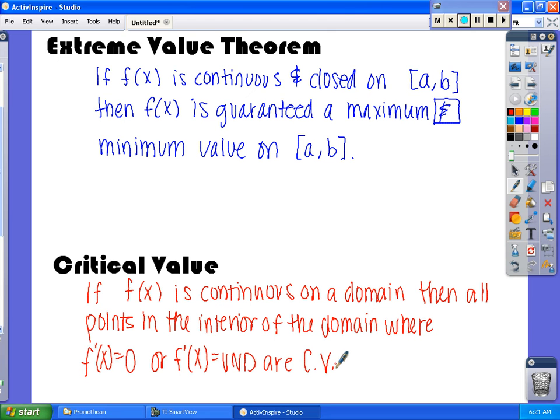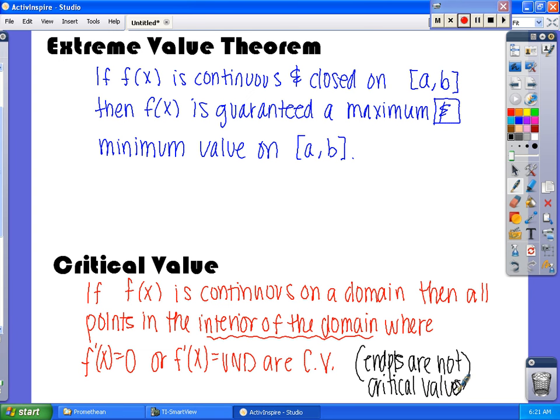This interior of the domain piece tells us that endpoints are not critical values, no matter what's happening at the endpoints, even if the derivative is 0 or undefined.